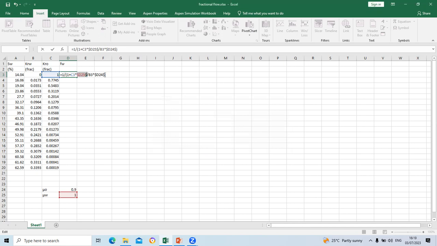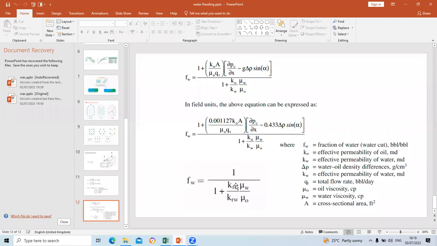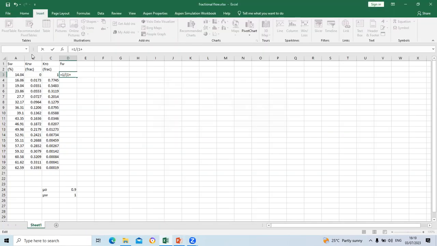All right, to simplify so that we don't waste time here. So down here, what we are going to do is we have our 1 plus relative permeability of oil times. Since this value is constant, the relative permeability of water is 1. We are going to put 1 divided by relative permeability of water times.